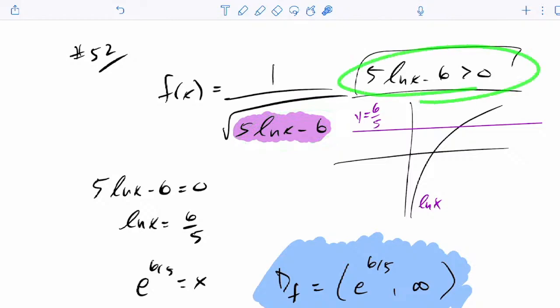So I found when it is equal to 0, and then everything after that would be good. So then I set it equal to 6/5 and then went to exponential form. And that's it.